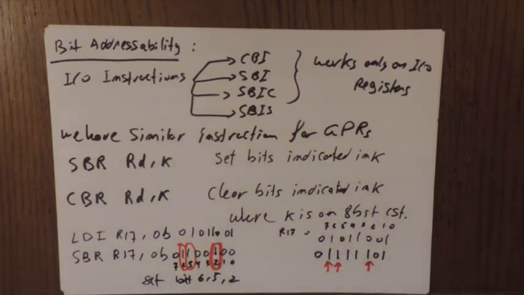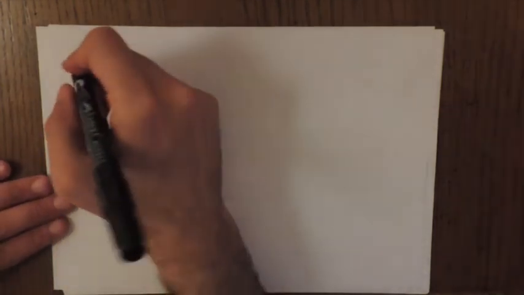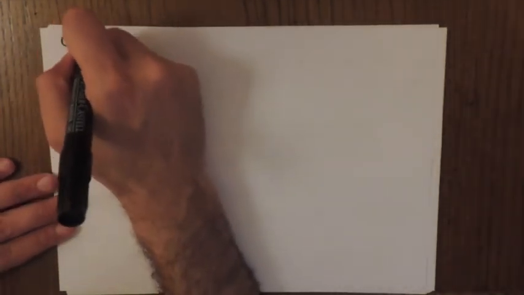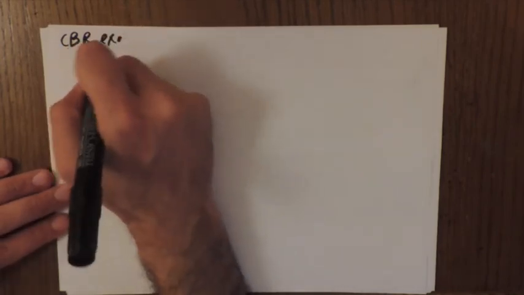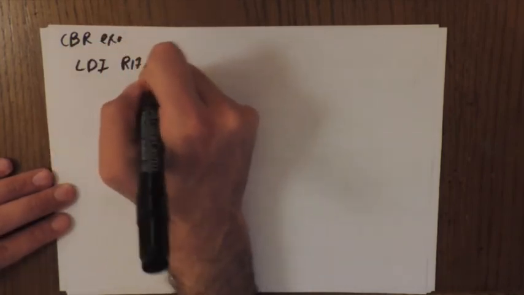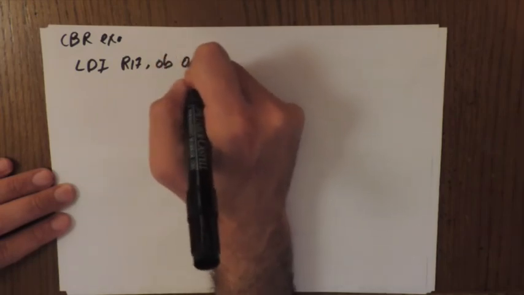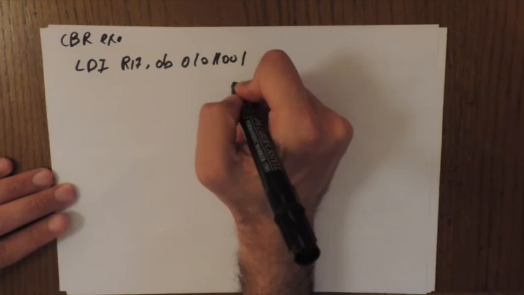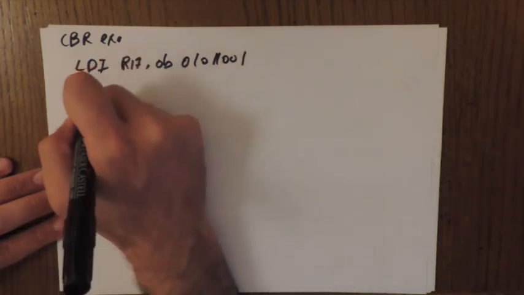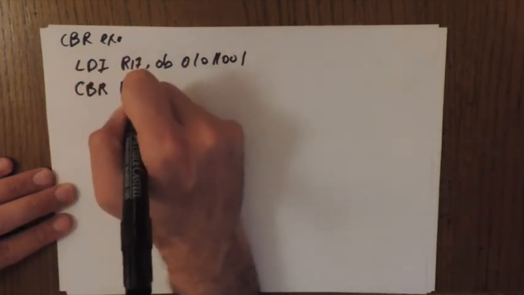So let's say we want to try the same thing but with CBR, clearing the bits. So let's take the example now with CBR. Now let's say we have LDI R17, the same value, and CBR R17.